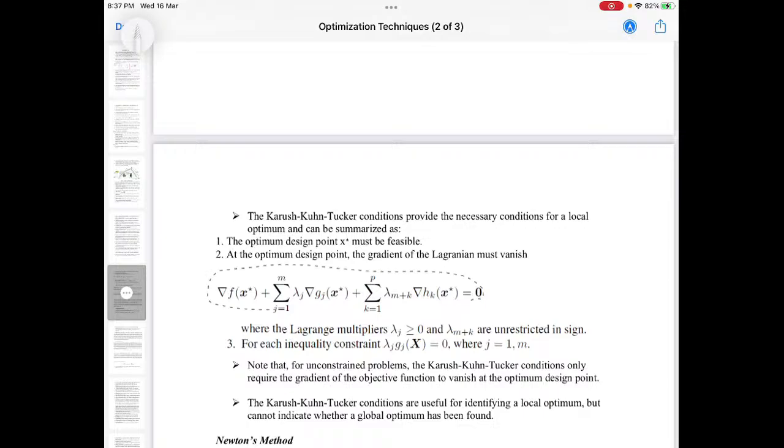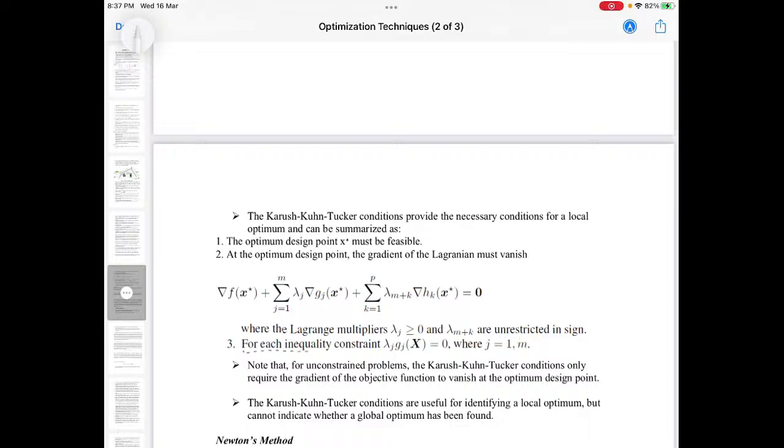This particular equation is called the Karush-Kuhn-Tucker condition, where the Lagrange multipliers λj are greater than or equal to 0, and λ(m+k) are unrestricted in sign. So these are the Lagrange multipliers. As you can see in the equation, we have λj and λ(m+k), and λ(m+k) are unrestricted in sign.